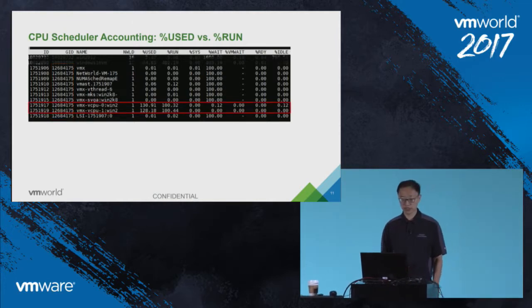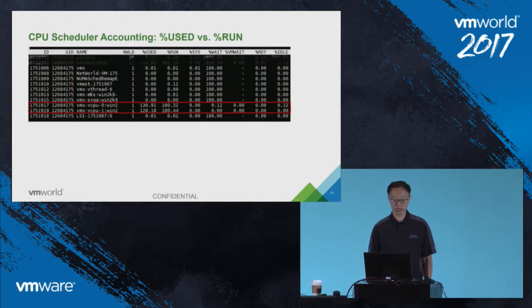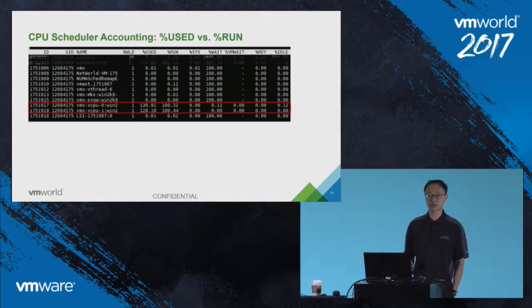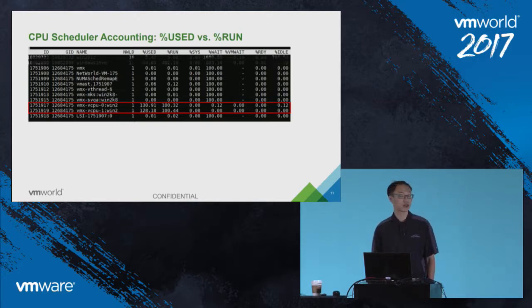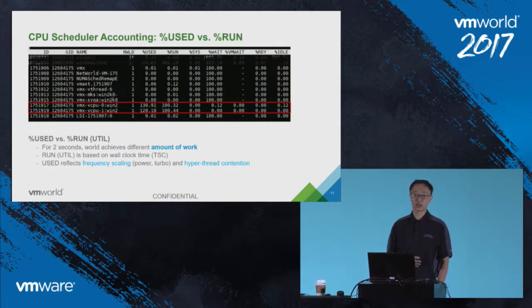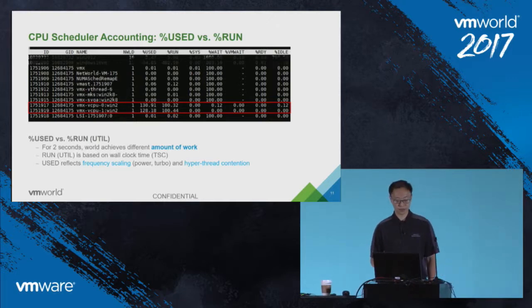What we see here is that for these two vCPUs, the used time says 130% is logged, and the runtime is around 100%. Why is this the case? How come used is more than 100%? How can a vCPU use more than 100%? Why do we need these two numbers? Can we just have one number and be done with it? Well, actually, used and run are trying to capture really different things, and we cannot go with one without the other.